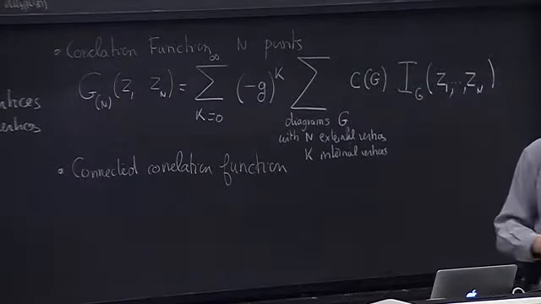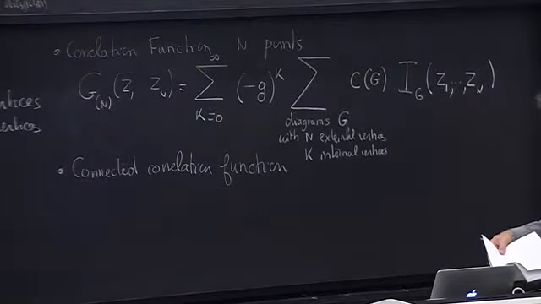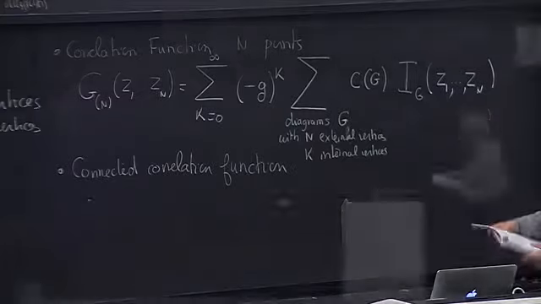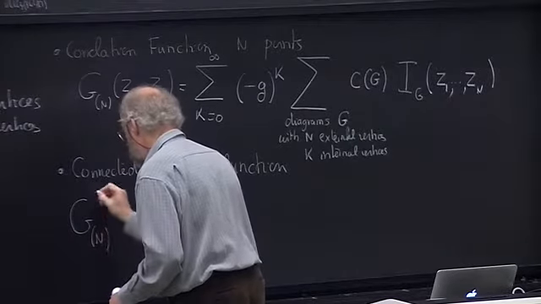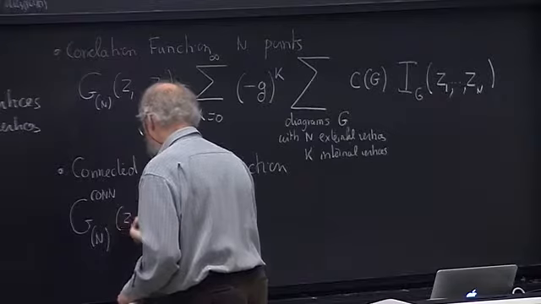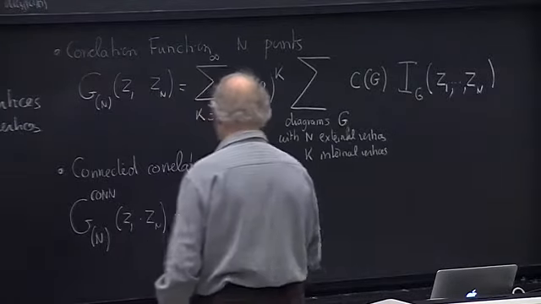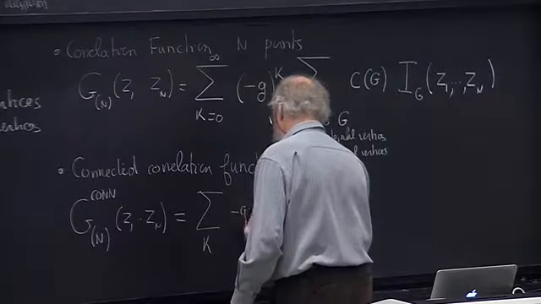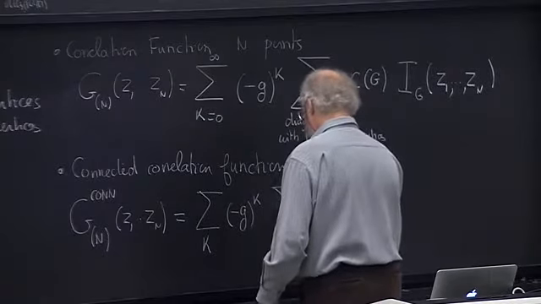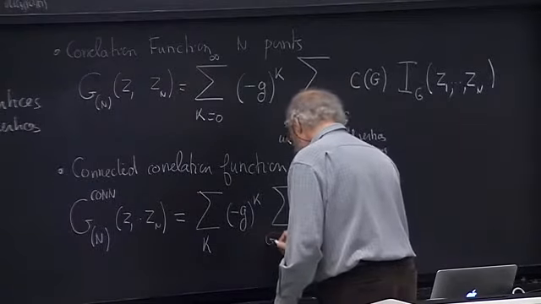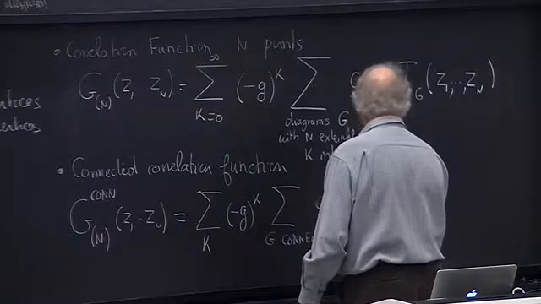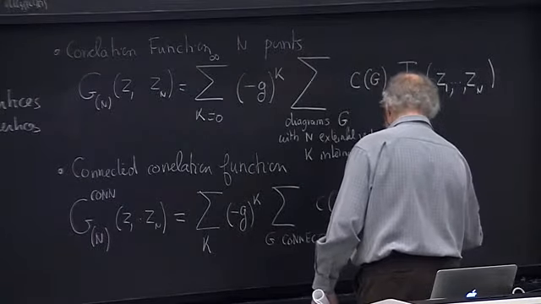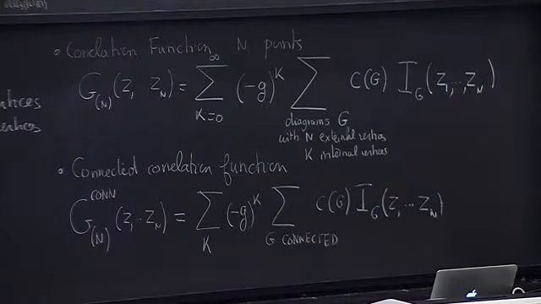The connected correlation function is going to be exactly the same thing, except that I consider only the connected diagrams. So G_n connected of z_1, ..., z_n is given by exactly the same formula: sum over k of (-g) to the power k, times sum over diagrams G, but the diagrams are connected, times C of G times I_G of z_1, ..., z_n. So take this as a definition.